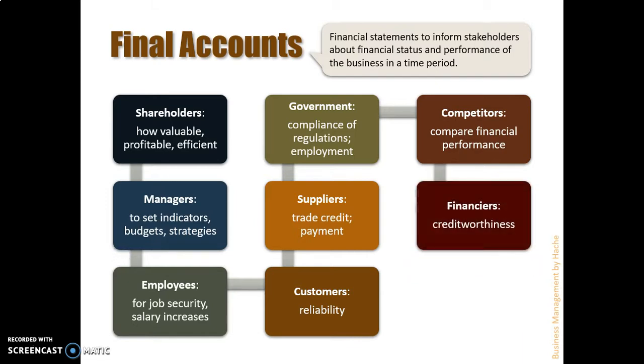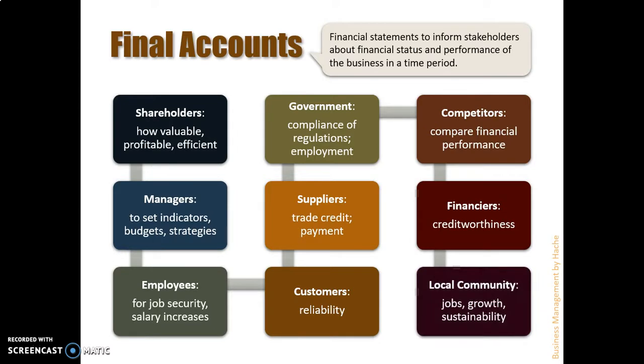Financiers like banks will also like to take a look at these numbers for credit worthiness. In other words, they would like to tell that you are a financially stable business they can trust to provide loans when required or any other financial benefits. And finally, the local community would like to see that you are growing as a business, that your numbers are positive, that you're a stable business because you are a source of jobs, and also for growth, because if the business is growing, the community is also growing.